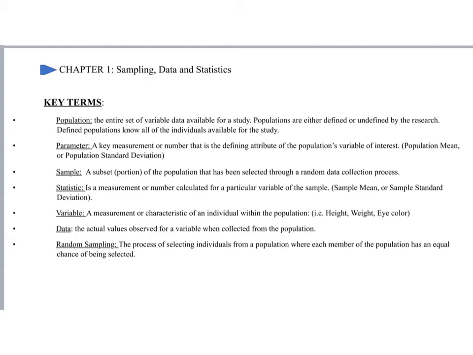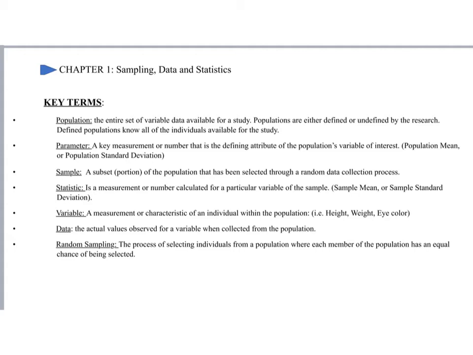Variable: a measurement or a characteristic of an individual within the population. For example, we will see height and weight as a variable, or eye color, which is also a variable. Data: the actual values observed for a variable when collected from a population.